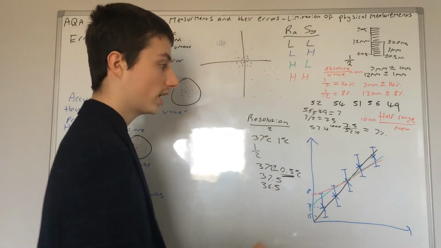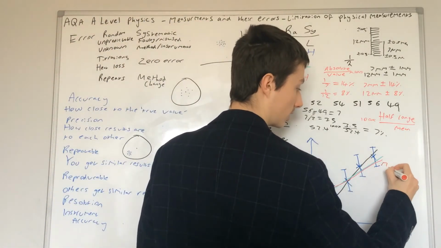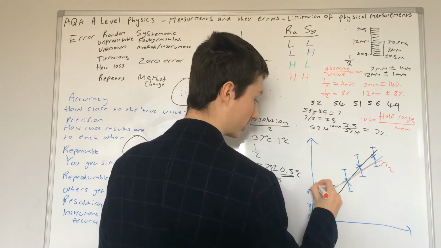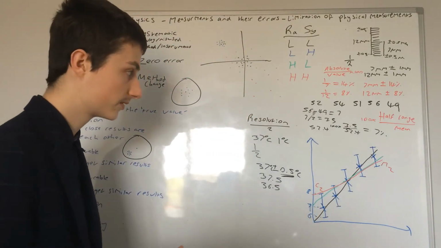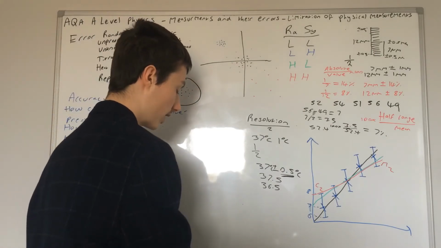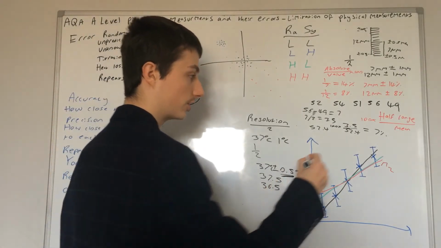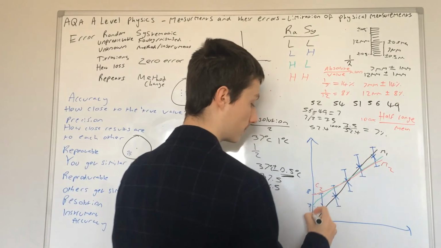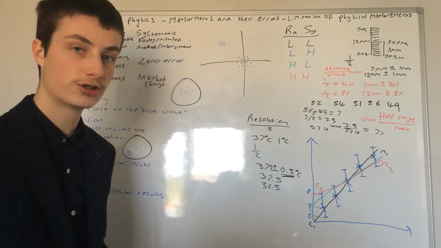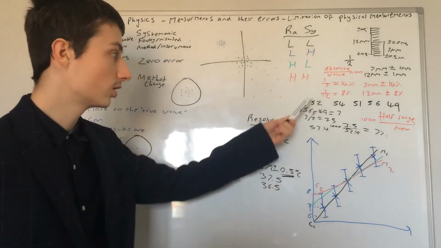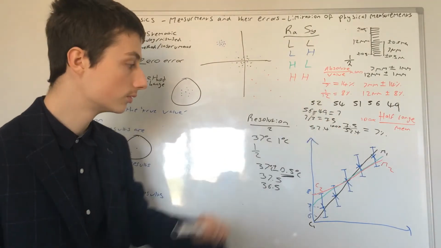If we look at the gradient and intercept of this worst acceptable line of best fit for either of them, and at the gradient and y-intercept of the line of best fit, then we can find the percentage uncertainty of that data, much like we did here, but without the equation.